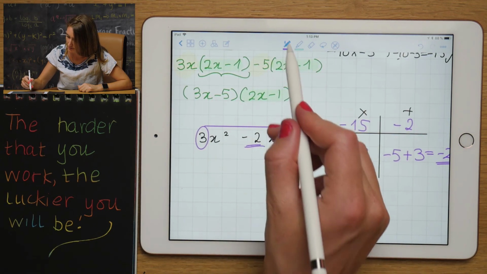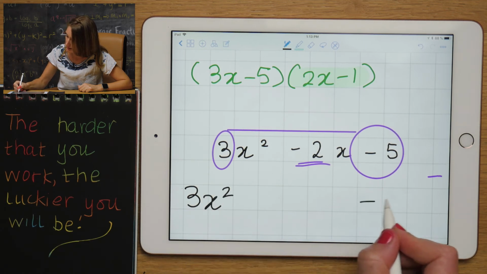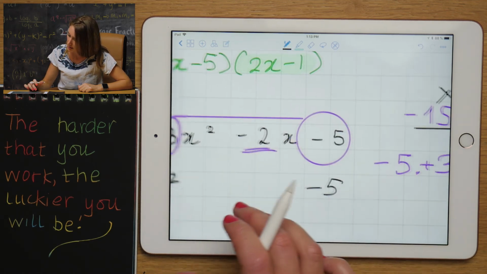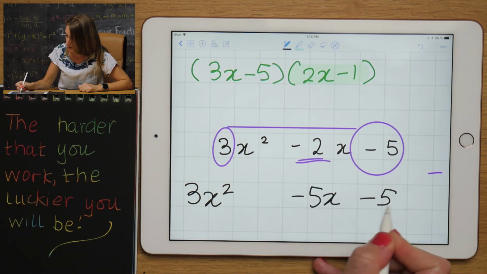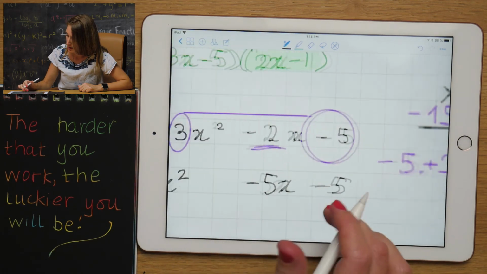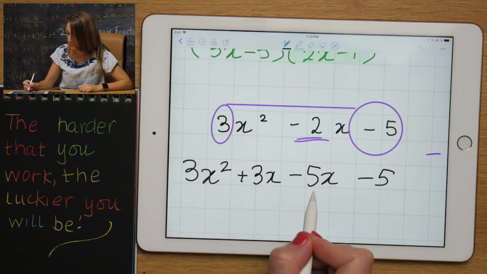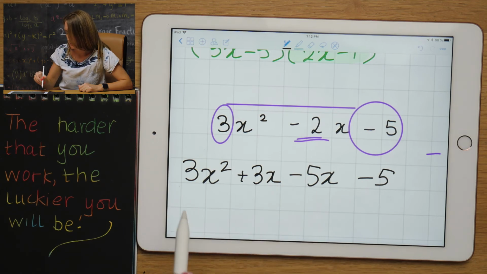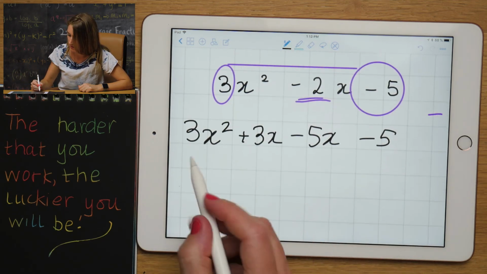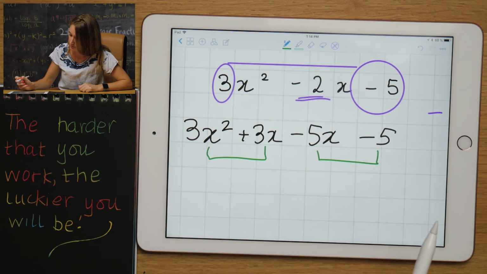So we're going to do exactly the same as before. We're going to copy the beginning and the end, and we're going to split the minus 2x into the minus 5x here, it just feels more natural, the two 5s are together, and the plus 3x here. Again, you could have them the other way around, but for me it just looks simpler if the 3s are together and the 5s are together. From these two, I'm going to do the highest common factor, and again from these two.